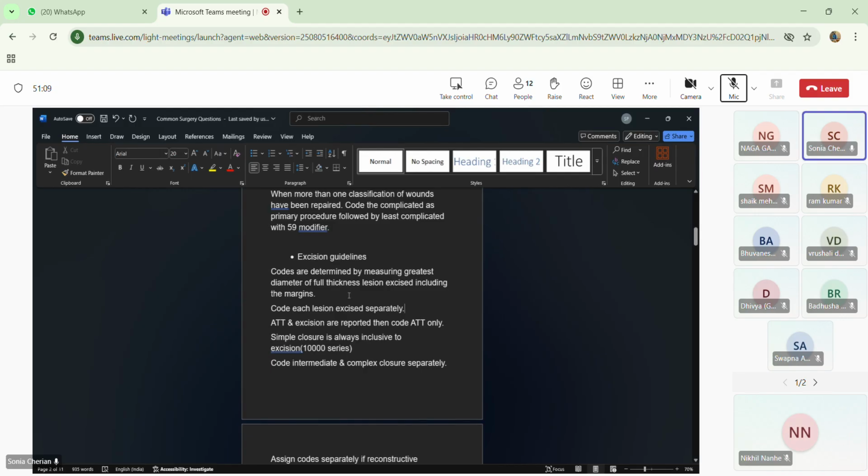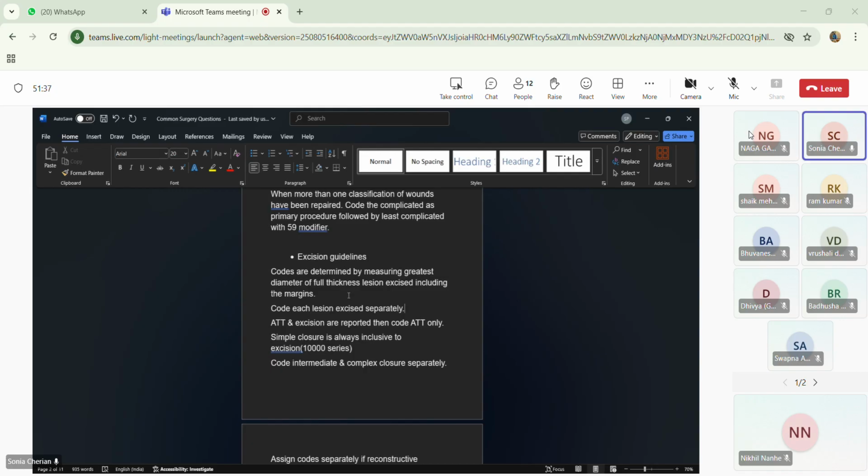This is one point you should never forget. Okay, and while coding excision, you need to measure the greatest diameter. For example, if a lesion is 4 into 5 centimeter, you have to take it as 5 centimeter because that is the greatest diameter. Then when an excision and adjacent tissue transfer, we call it ATT in short, have been reported together, you only have to code the ATT.